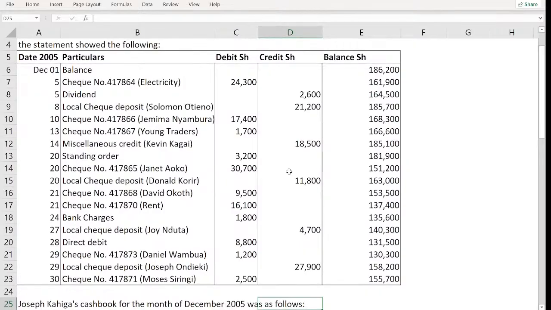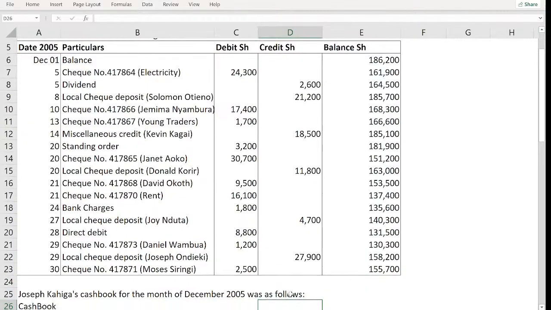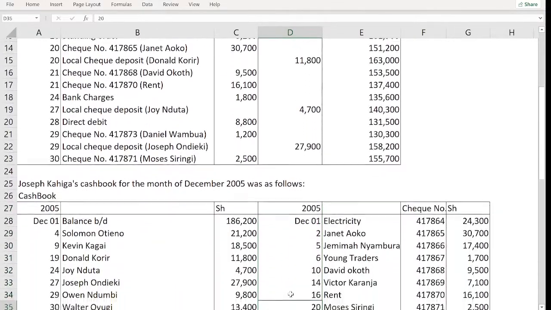So I can give you a minute to get a screenshot of it so that you can be able to discuss it. So bank charges, loan check deposit, all that, as well as the balances for the bank. Then we also have the Joseph Kahiga cash book.